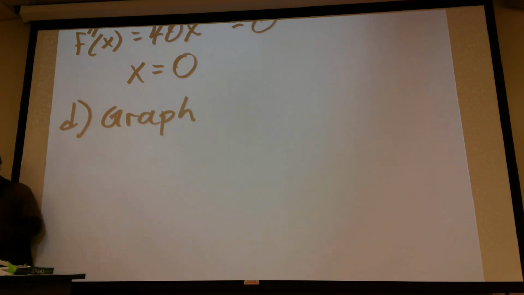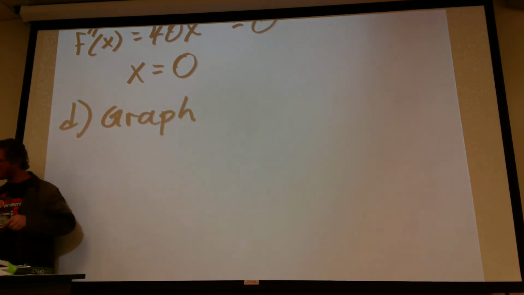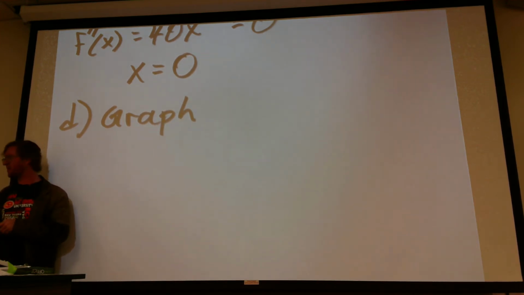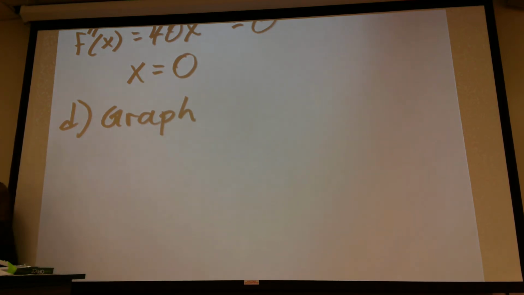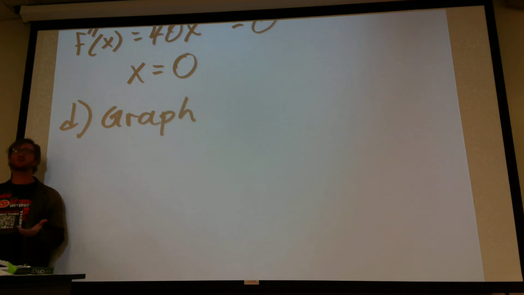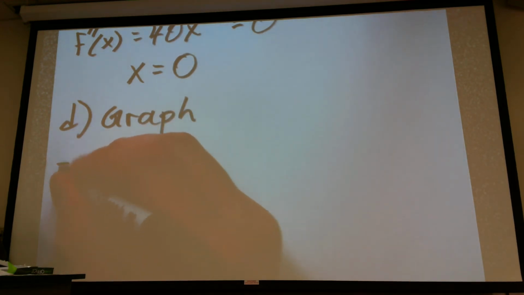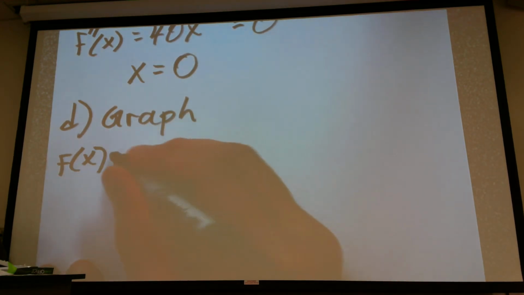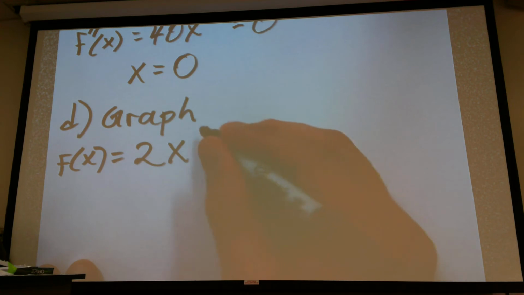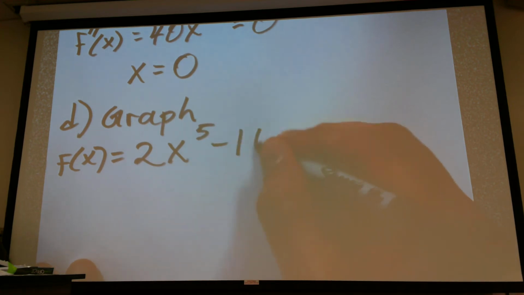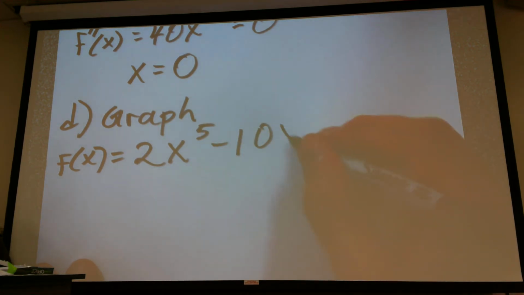Okay. All right. So remember, the first thing when you're doing graphing is to plot the critical points. Whenever you're graphing this, you're graphing the original function, so you need to go back to the original function. The original function that we're dealing with is f of x equals 2x to the fifth minus 10x.